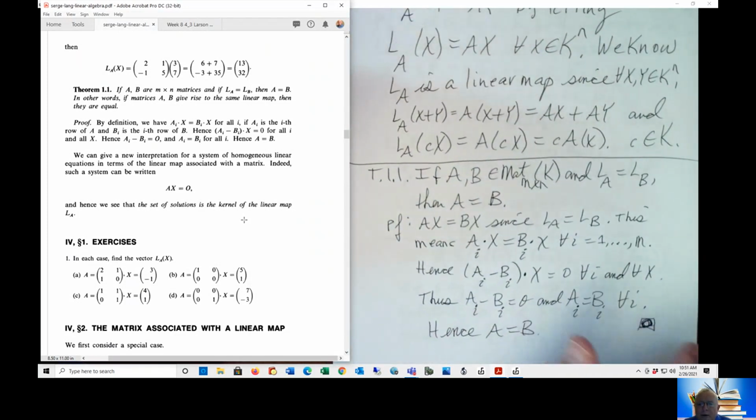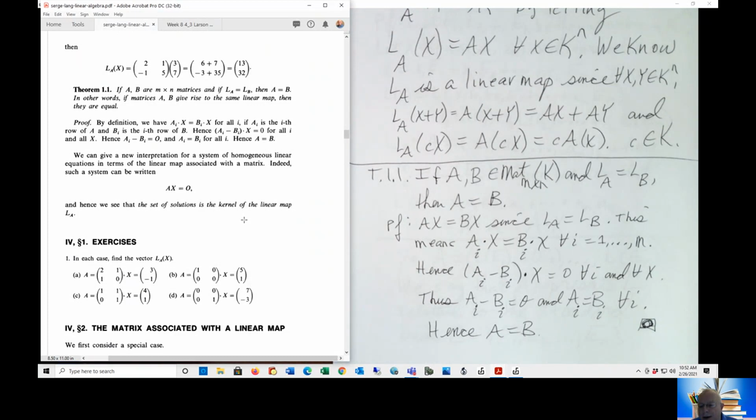Now, what does it mean for L sub A to equal L sub B? Well, it means that A times x equals B times x. Now, let's look at how these are multiplied: the matrix A times the vector x, or the matrix B times the vector x.